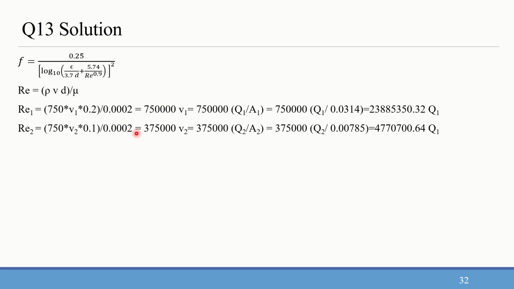Again V2 we are writing as Q2 by A2. Q2 is unknown, A2 is known, 0.00785. So that again gives us a very huge value of 47,770,700.64 times Q2.